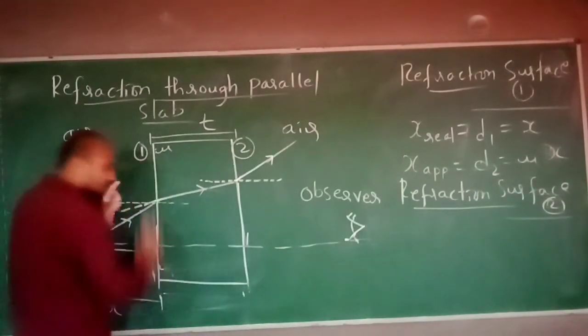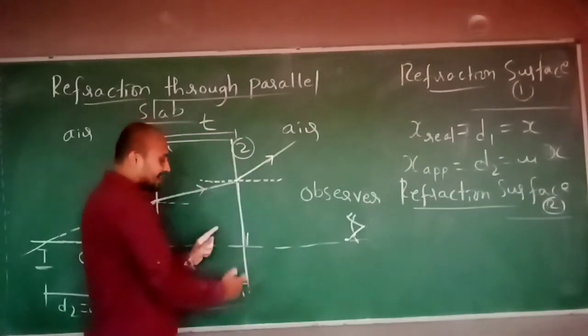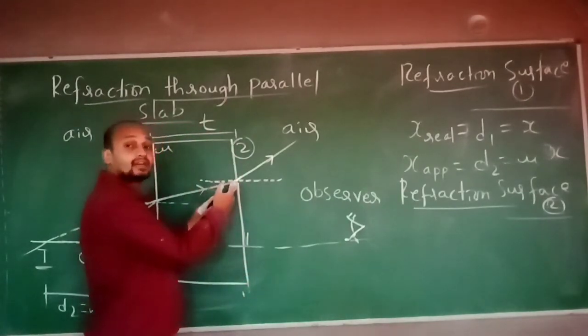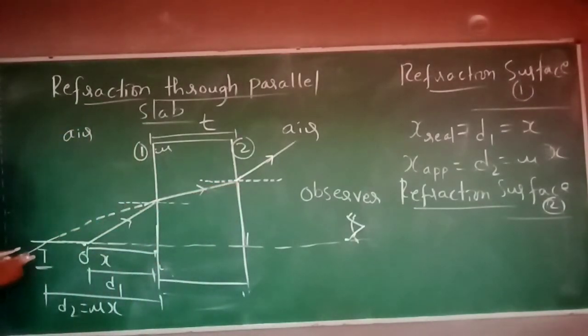Actually, now forget about the first surface. Concentrate on refraction through the second surface. For the second surface, who is an object? I is an object.